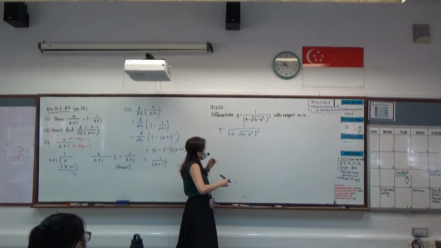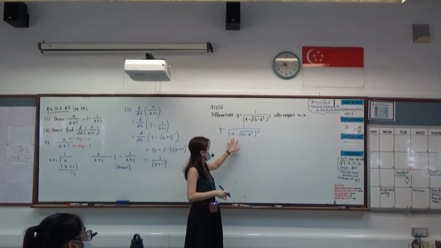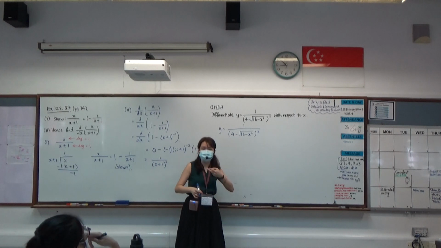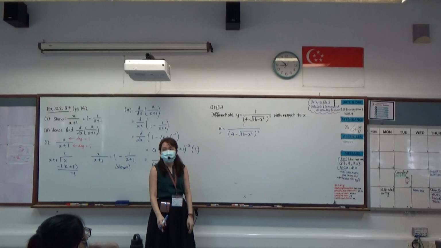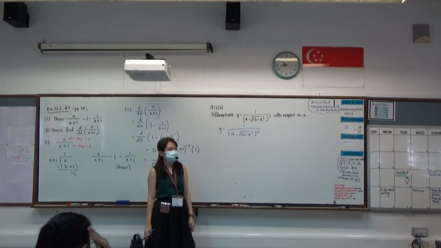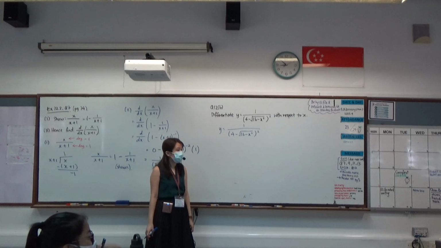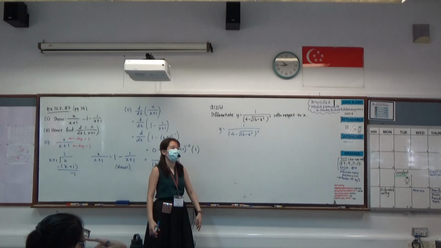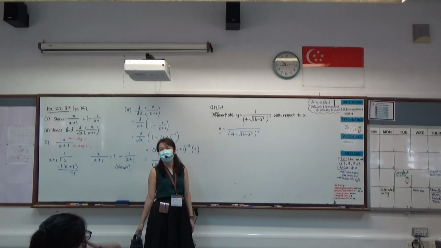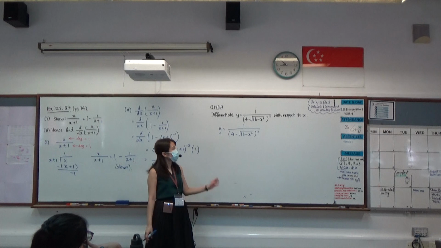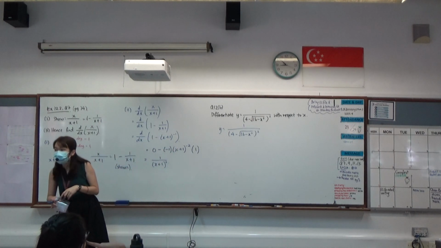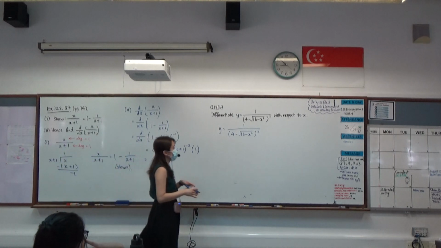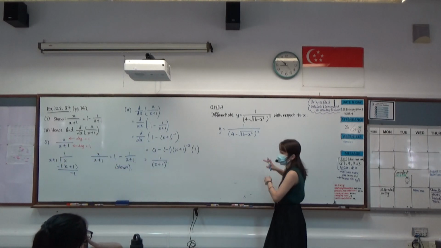So what Joseph is saying, we expand the denominator. Any other options that anyone else has? Quotient rule, we haven't learned quotient rule yet, so we cannot use that. How else do you think you would have done it? Put on top, so that means change it to a negative index.